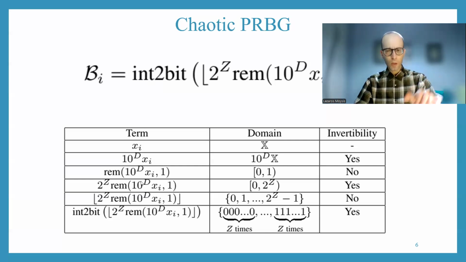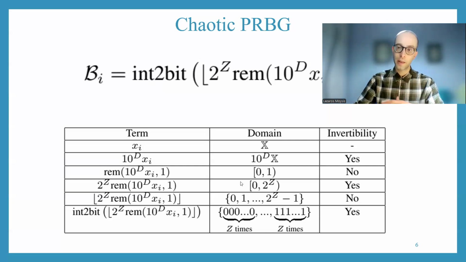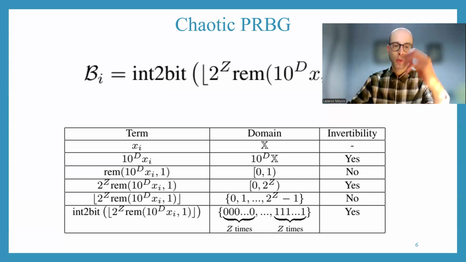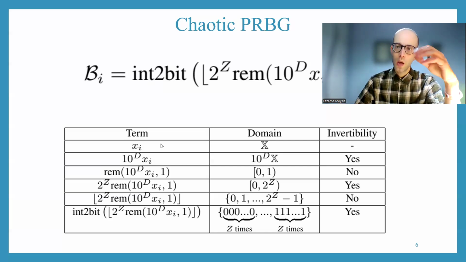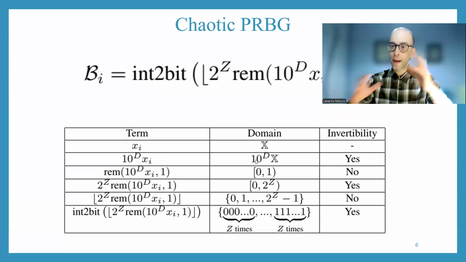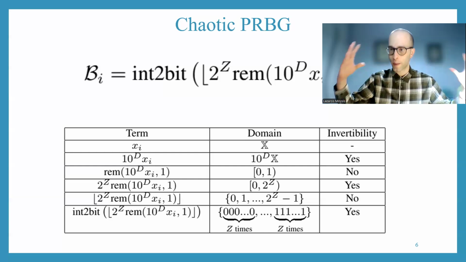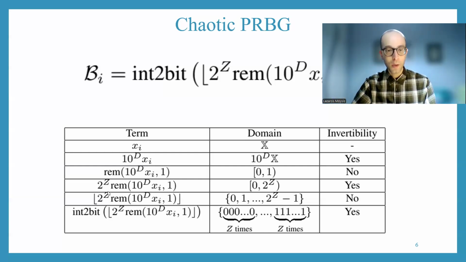Okay. So here this table shows the non-invertibility or invertibility of each action. So we start with the value xi, which let's say lies in a domain x. We multiply it by 10 to the 10th. So the domain gets expanded, this is sort of an expansive operation, a blow-up operation if you like. Then we take the remainder operation with 1.